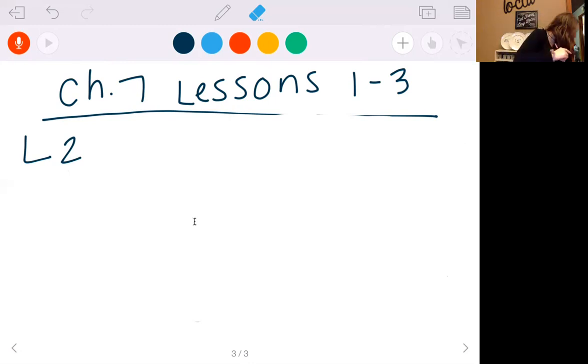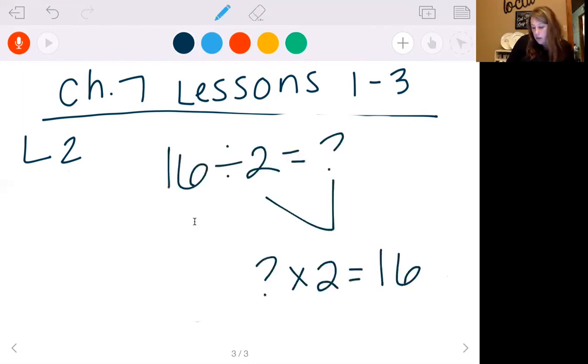Something times 2 equals 16. So you're going to think, what times 2 equals 16? And it's 8, so 16 divided by 2 is 8. 8 is going to be your final answer, okay? If you look at the chart below, it gives you a little chart where you're dividing by 2 each time and you'll see a pattern.